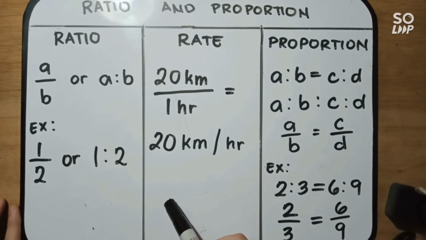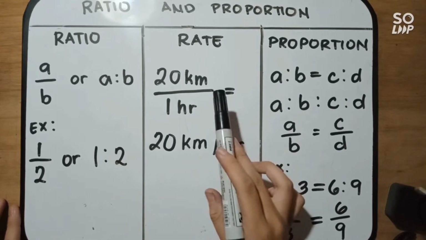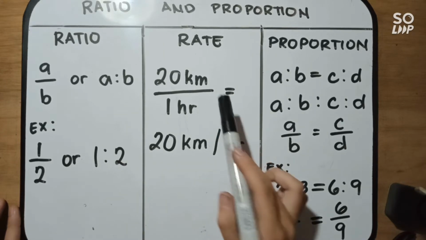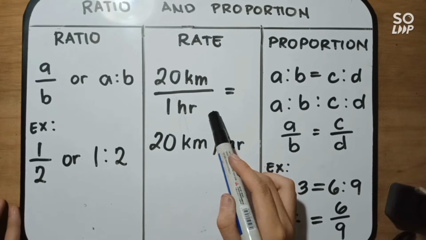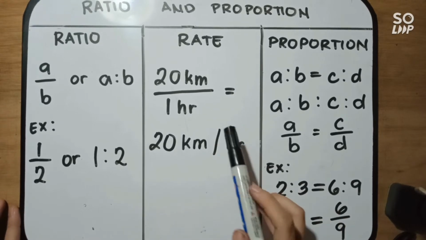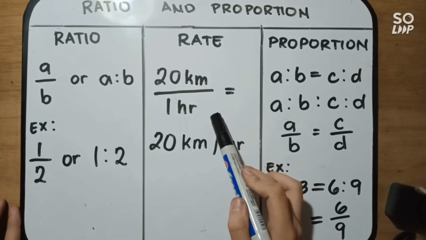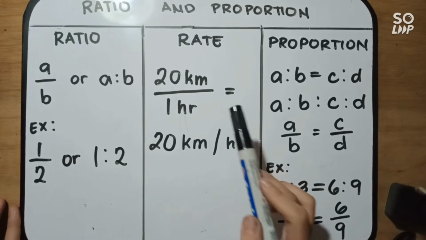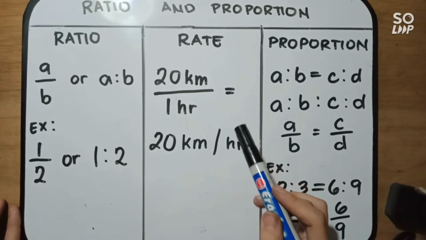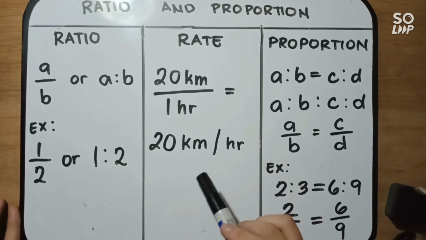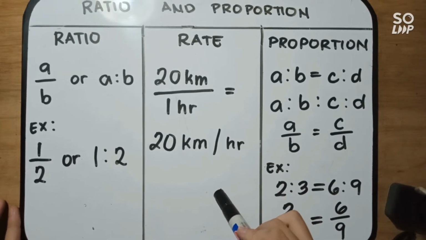So the quantities here are the distance traveled and the time traveled by the car. So 20 km over 1 hour can also be written as a rate: 20 km per hour.